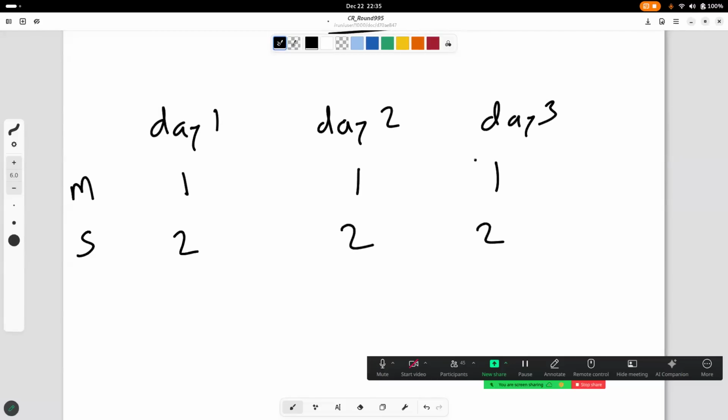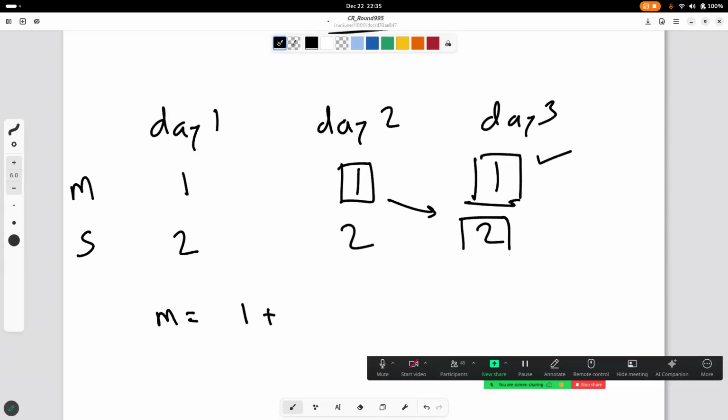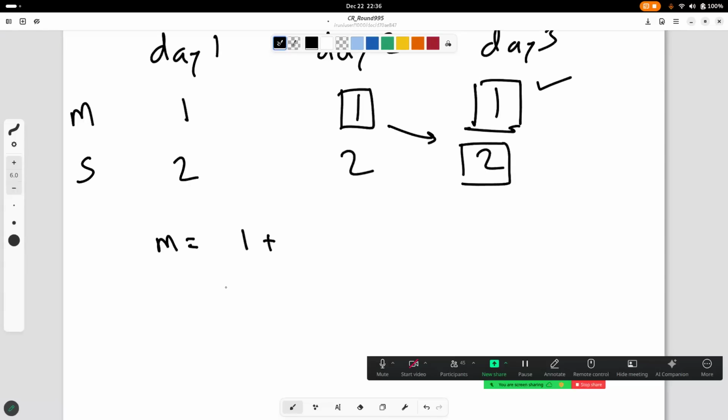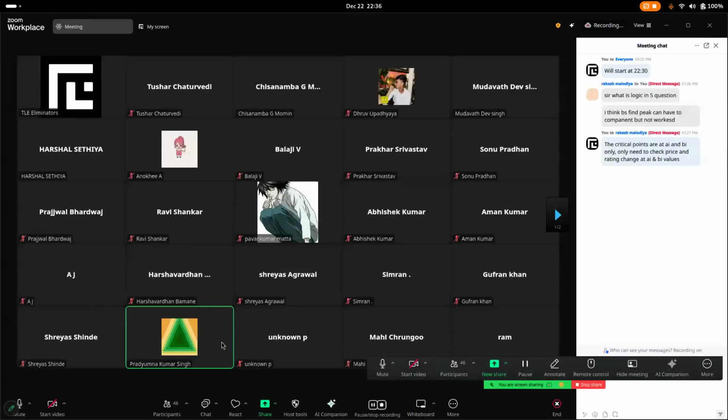The obvious thing is that Monocarp wants to solve more problems, so he'll obviously pick the last problem because S cannot solve any corresponding problem. So your M would be at least 1. Now, what happens if he tries to solve this problem? Well, S would solve this corresponding problem. If you look at M and S, that would add a 1 over here, but that would add 2 over here.